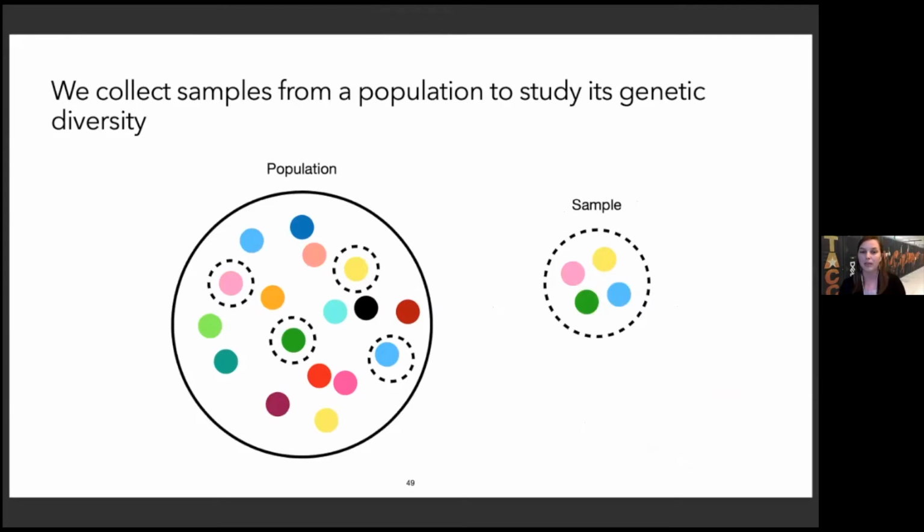By that, I just mean in this population, we select a few individuals and we put them together and we take them back to the lab, and that's what we study. So we hope that this sample is representative of the natural population that we're pulling them from. And hopefully you'll do this randomly, but you might also have a method for the way that you're sampling the population.